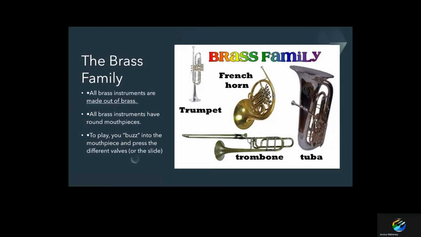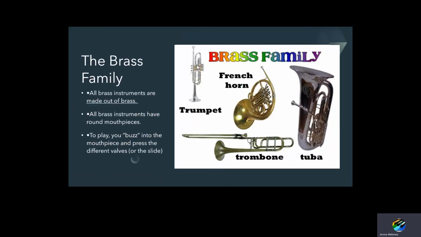Ready? Listen. Yep. You have to make a farting sound into the mouthpiece in order for the instrument to play. And you press down buttons called valves. Or if it's the trombone, you move the slide up and down.